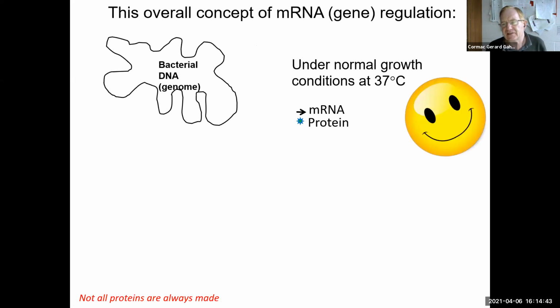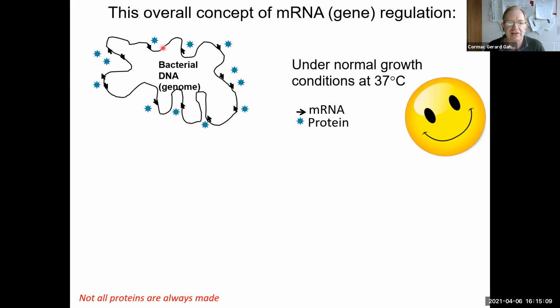So another key slide in this introduction is this one. So maybe make a note of this, that this is a key slide, because this tells you what this lecture is all about. What is this lecture about? It is about this overall concept. What is represented here on the left is the bacterial genome.